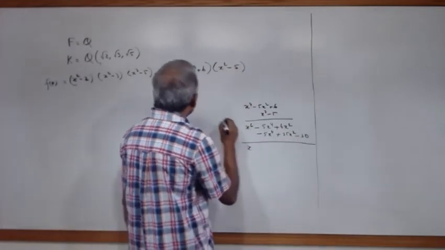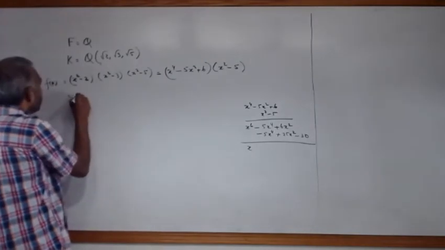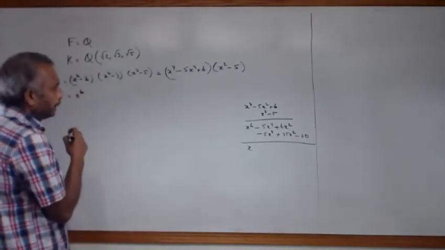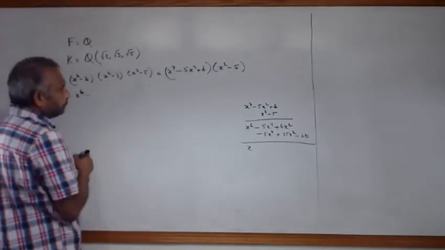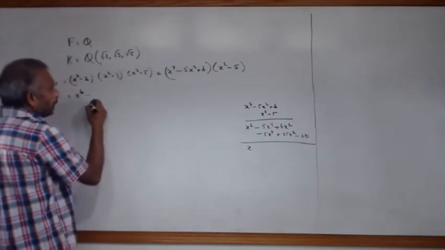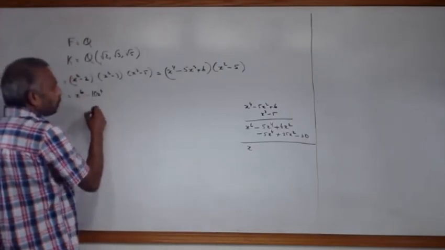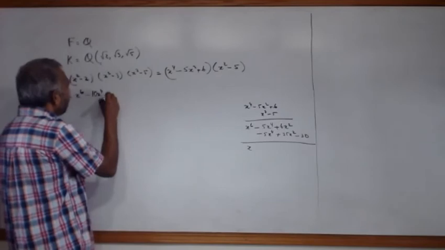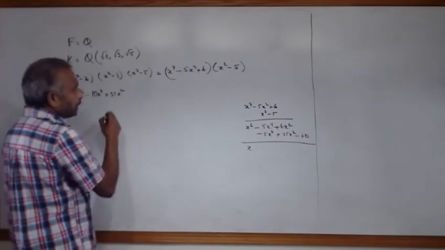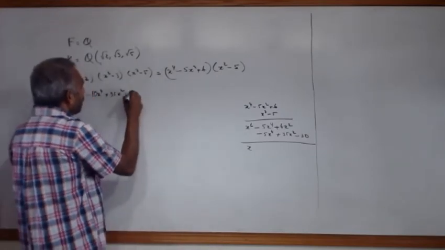So it will be x to the power of 6 minus 10x to the power of 4 plus 31x squared minus 30.